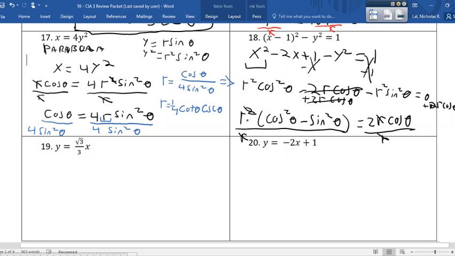So the algebra is tricky, but all you're really trying to do here is isolate r. So that's going to give us a final answer of r is equal to 2 times the cosine of theta over cosine squared of theta minus sine squared of theta.